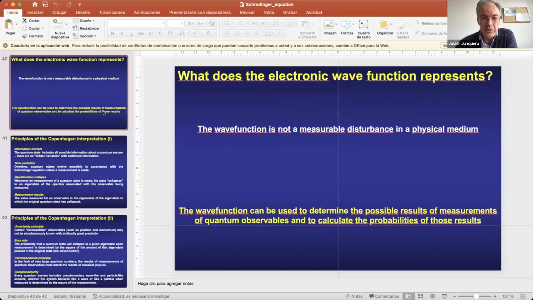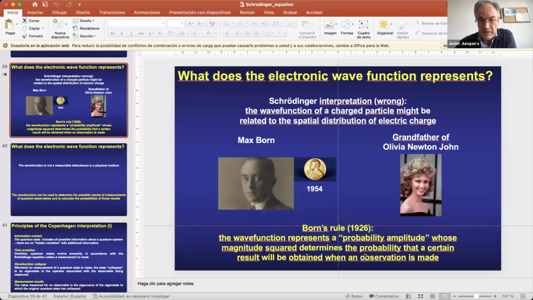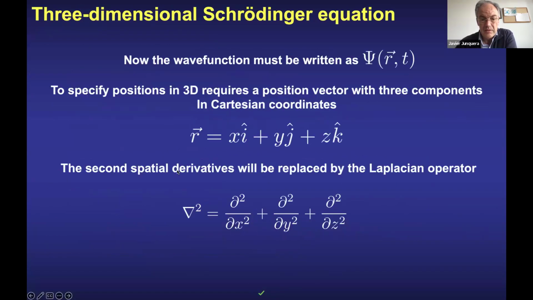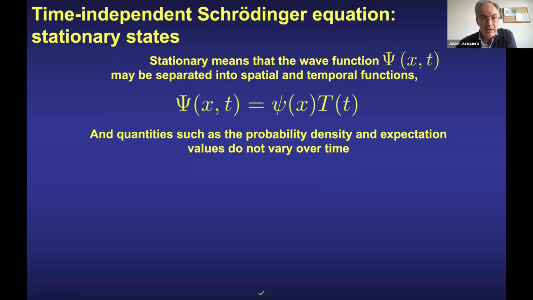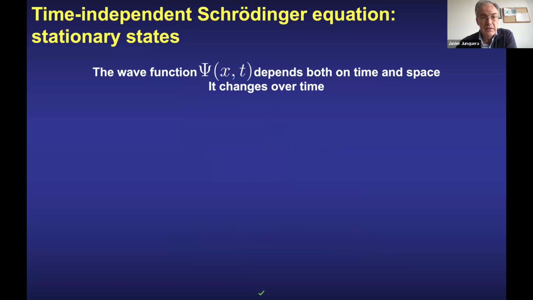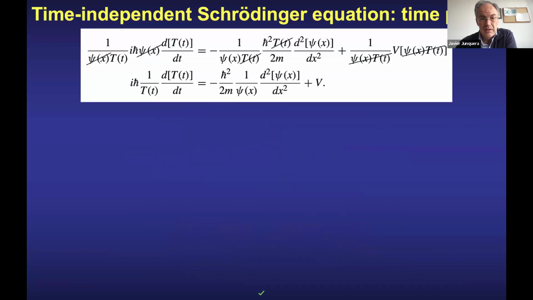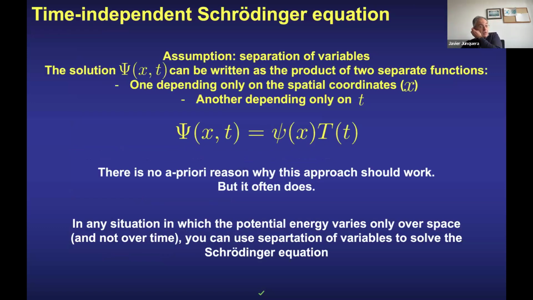Yeah. The point is that, let me check if I can go back. Okay, here. So at the time of introducing the time-independent Schrödinger equation, the basic assumption is that we can split the solution as the product of a part that depends on the space and a part that depends only on time.